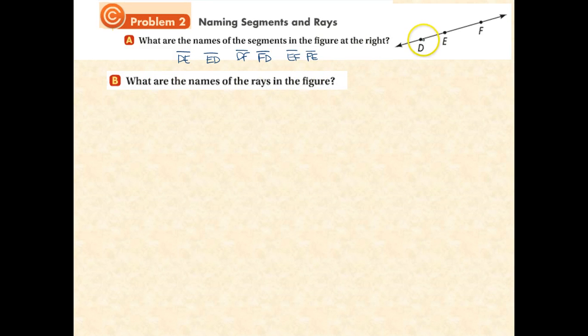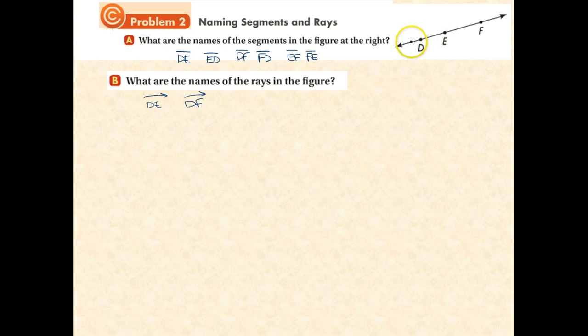What are the names of the rays in the figure? If we start at point D, we don't have another point going in this direction, so we can't name a ray going that way. But we can name it ray DE, and that same ray we can also name ray DF. Then we've got E as an endpoint.